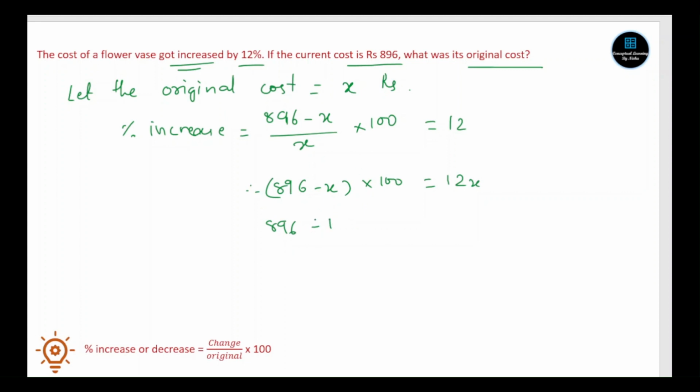Apply the distributive property, okay. So you can write two zeros here, and 100x is equal to 12x. Now you know how to solve this, right? So bring the 100x to the other side. So 896 is equal to 100x plus 12x. So what do we get?